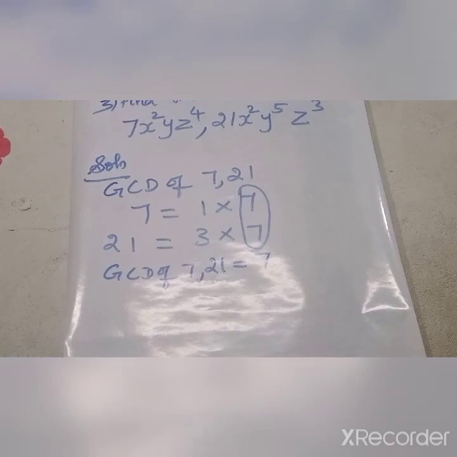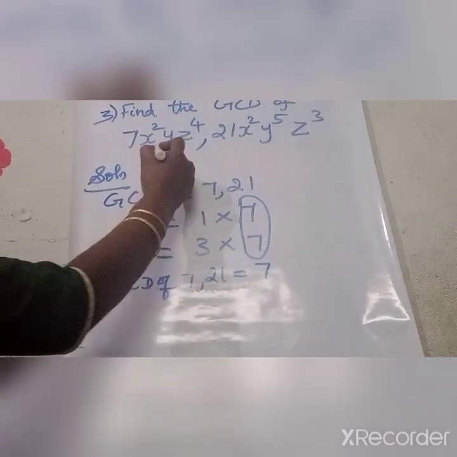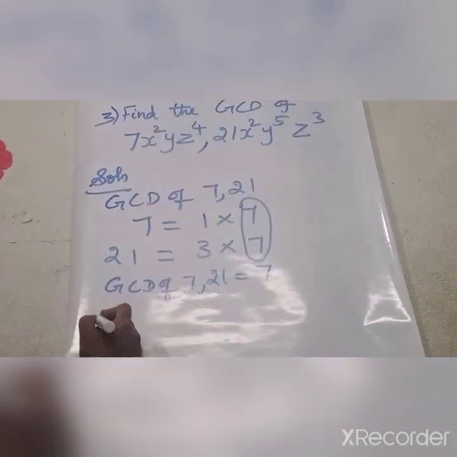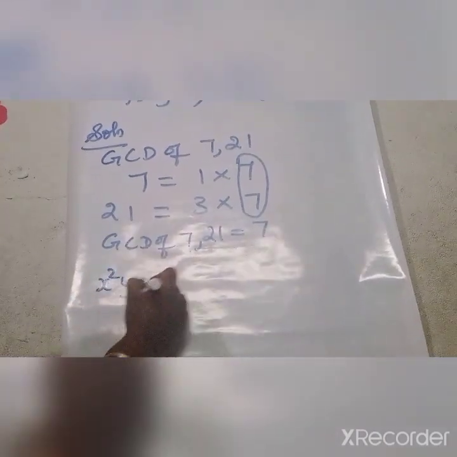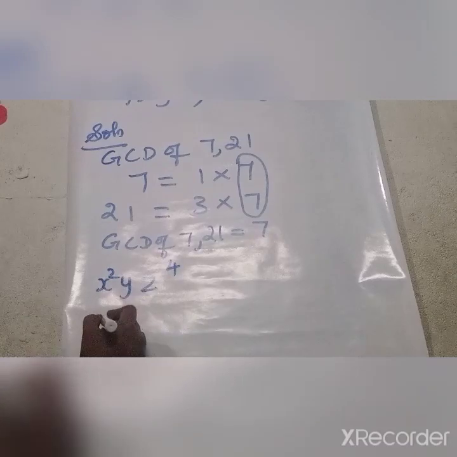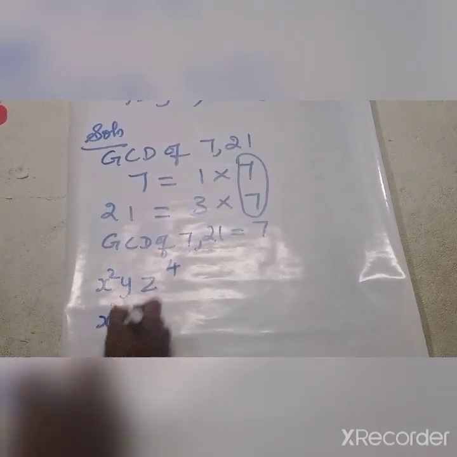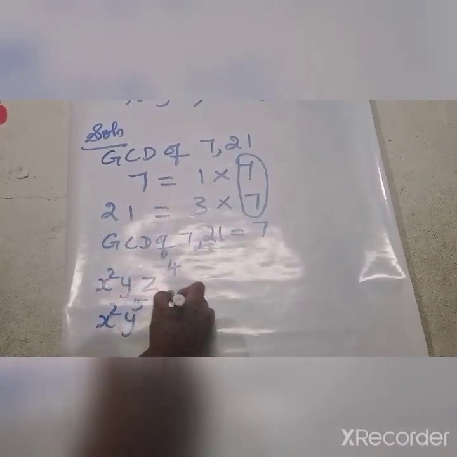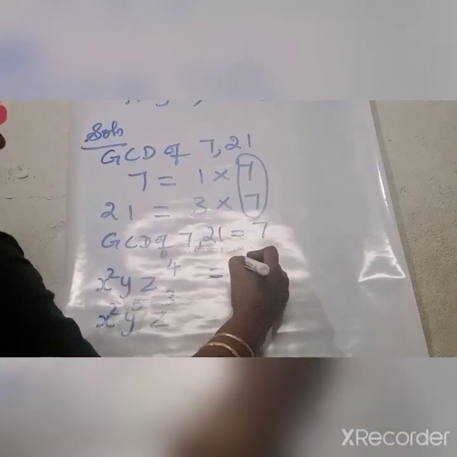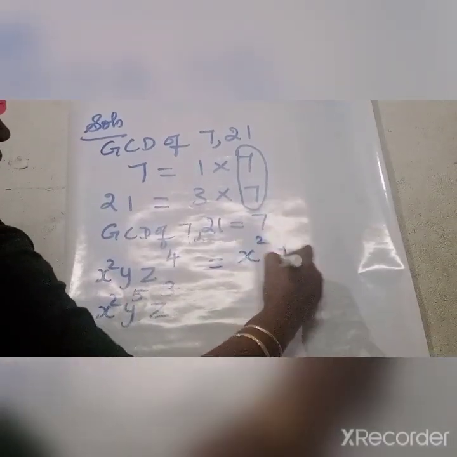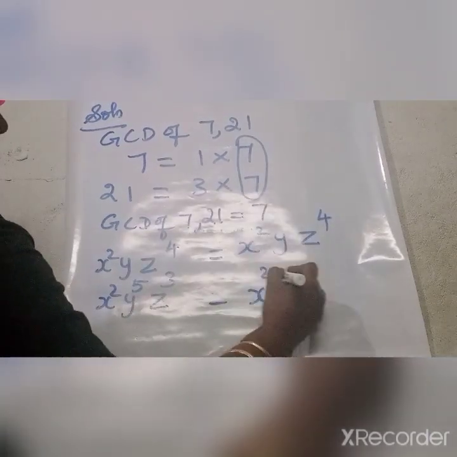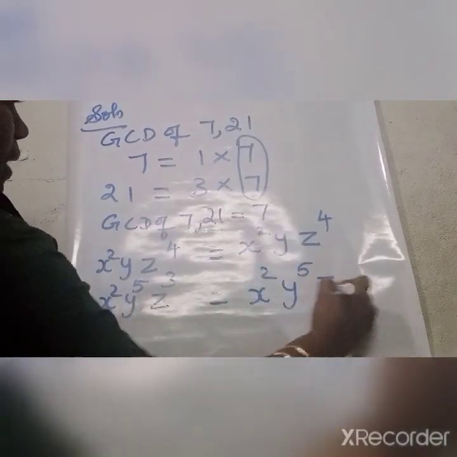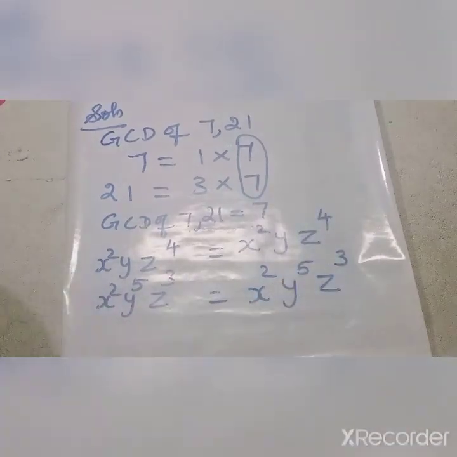Now, next we have to find the GCD of these variable terms. So, GCD of x square y z power 4 and x square y power 5 z cube. Okay, how to find out? As it is, x square y z power 4 and x square y power 5 z power 3. Now one by one we have to find the common.